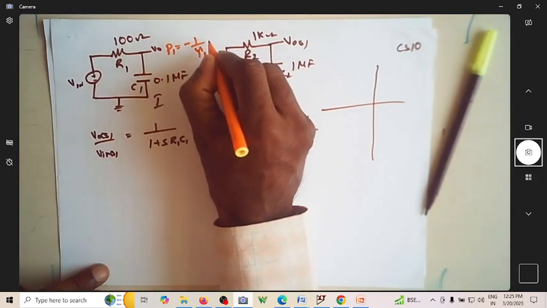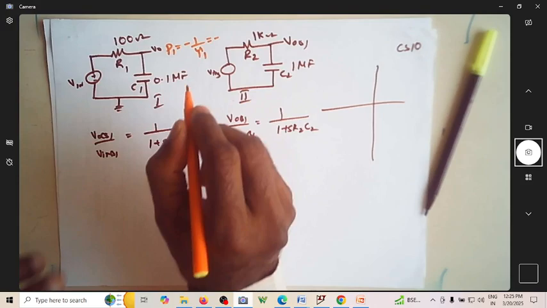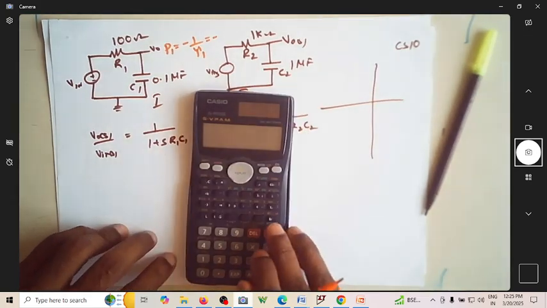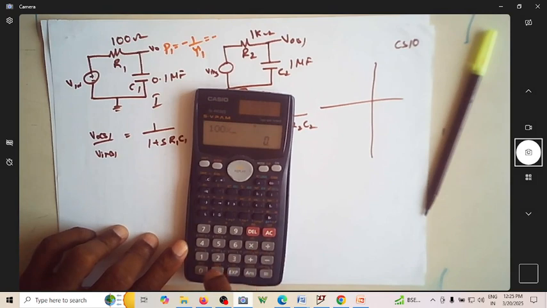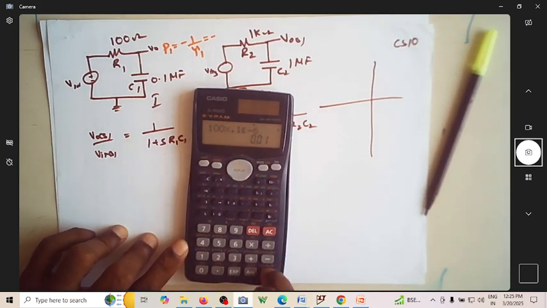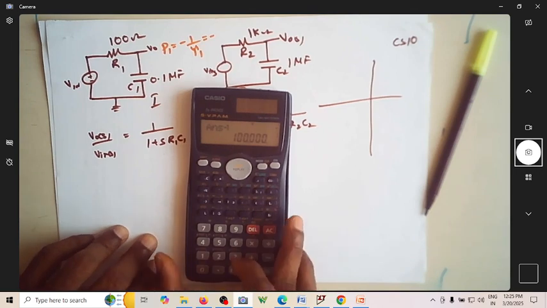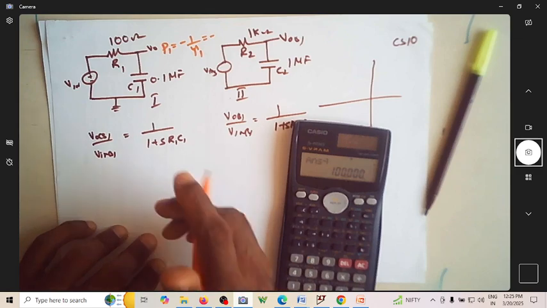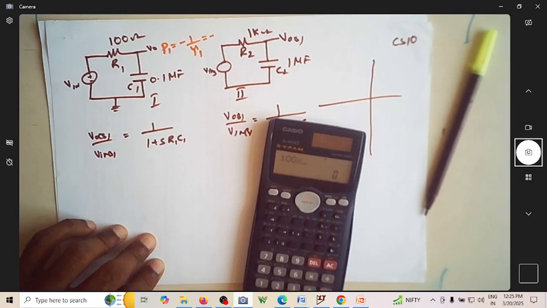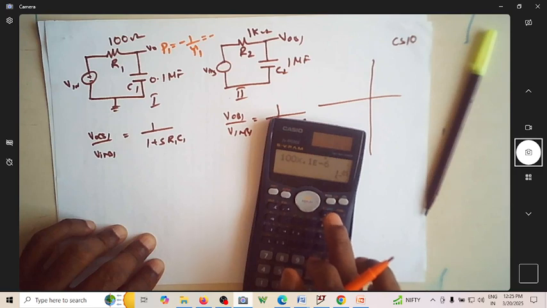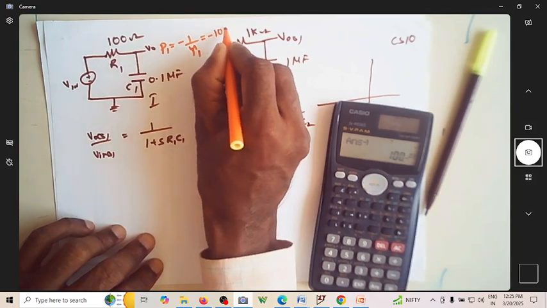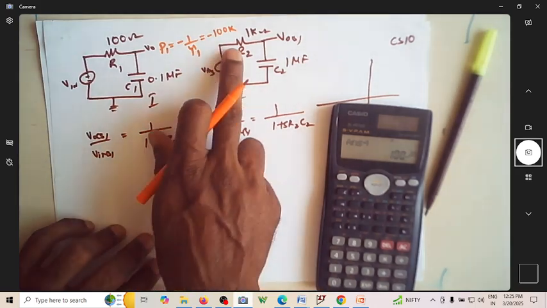So naturally this comes out to be minus 100,000. So it is 100 into 0.1 exponential minus 6. This is like 100k.